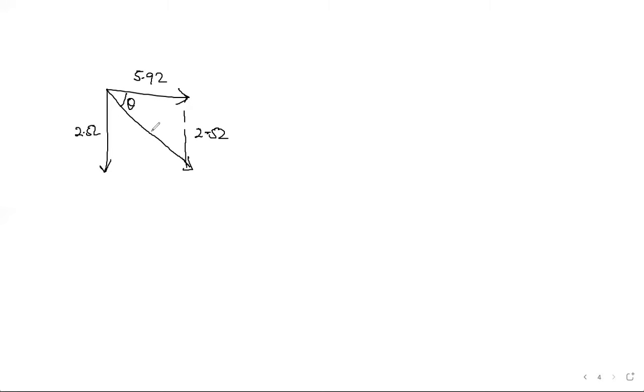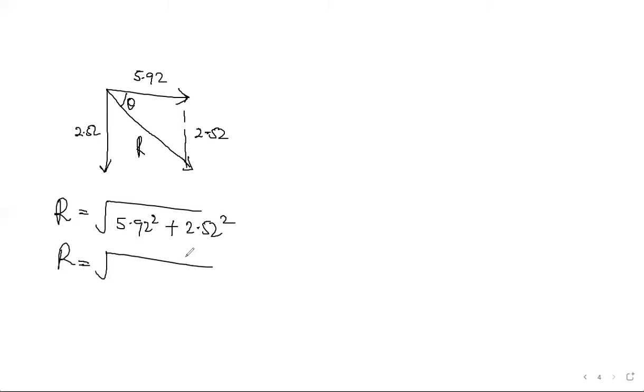So now the resultant R, if I apply Pythagoras theorem, will be the square root of 5.92 squared plus 2.52 squared. That is the square root of 41.396839868. So R will be 6.43.